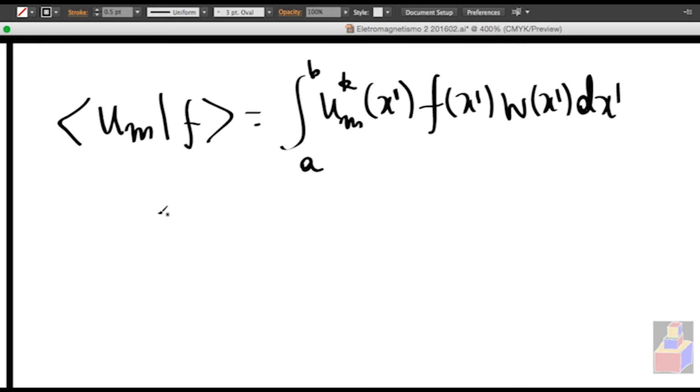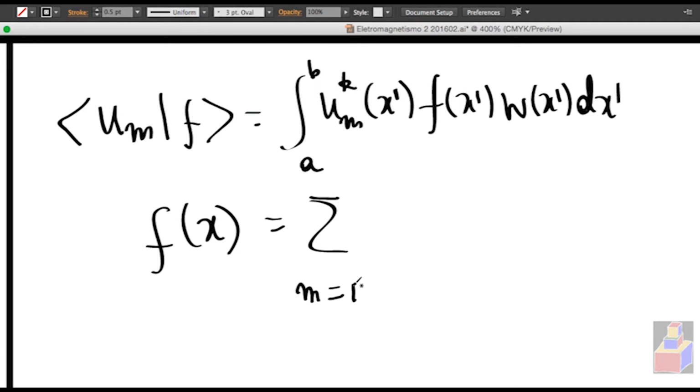So when you expand f of x, it's going to be a sum starting from 1 or 0. It might start at 0 here, okay? Depends on the problem. A Legendre polynomial has the index 0, okay? Others don't. So the coefficient is given by this.